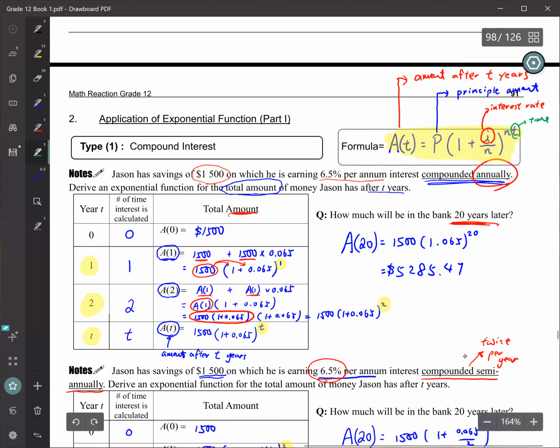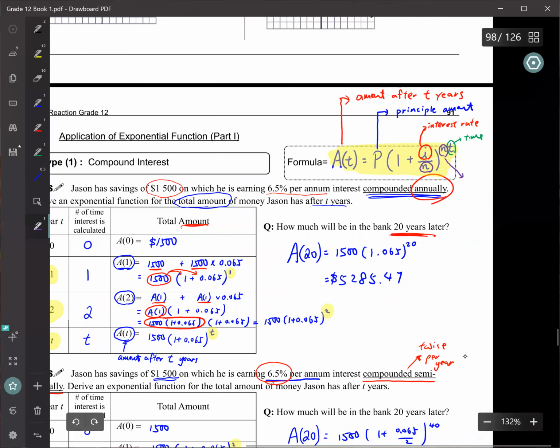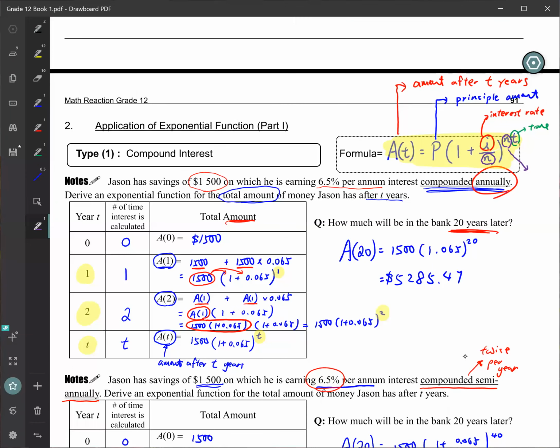And finally, the N, right? The N that you have here, both N represent the same thing, right? Is the number of, okay, this part is difficult to write. Let's write it, okay. Number of compound period per year. What does compound period mean?